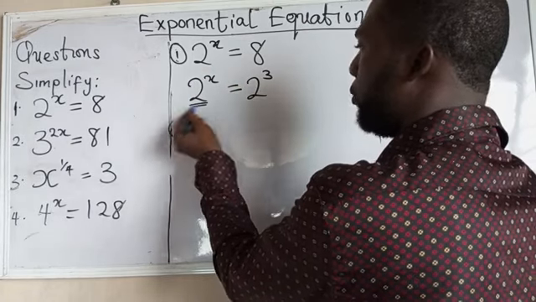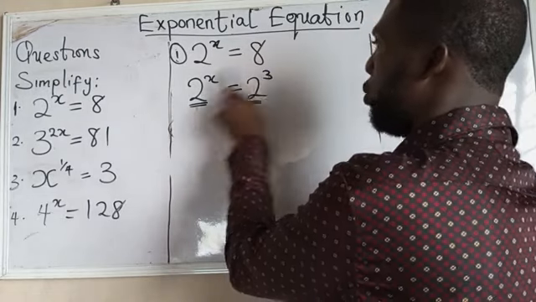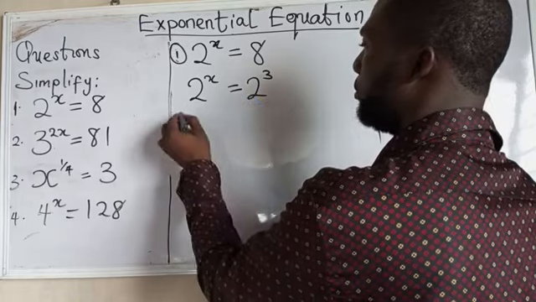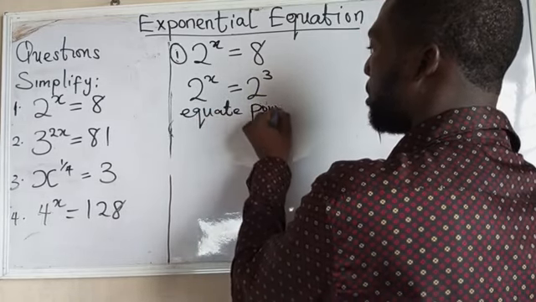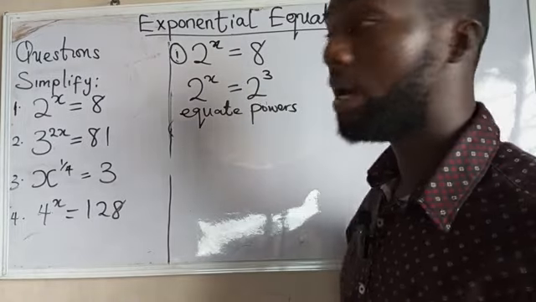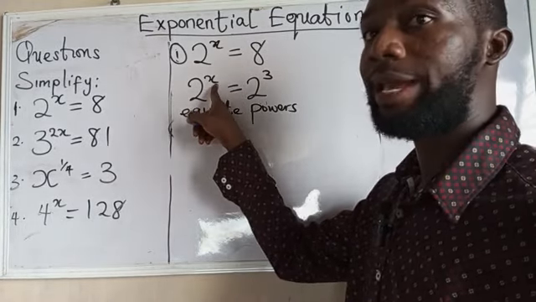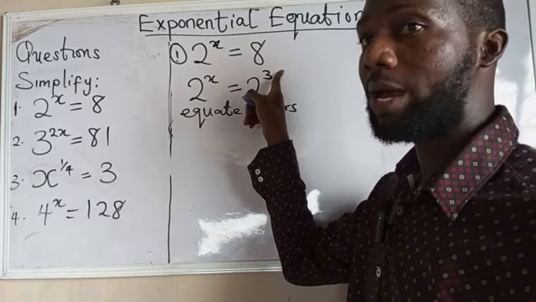So what do we observe? We have seen that the bases here are equal. In this situation, we are only going to equate powers. Why are we equating powers? Because number one, our unknown is x, and x is equal to our answer here.